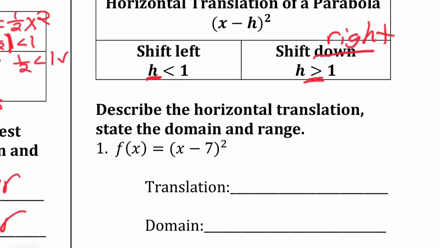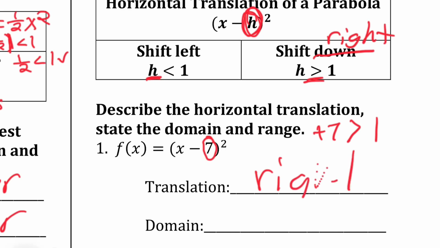So let's look at this. We have (x - 7) squared. Well, if you look up here, we're only looking at h. So what is h in number 1? h in number 1 is +7. So +7 is greater than 0. That means we are going to move to the right.